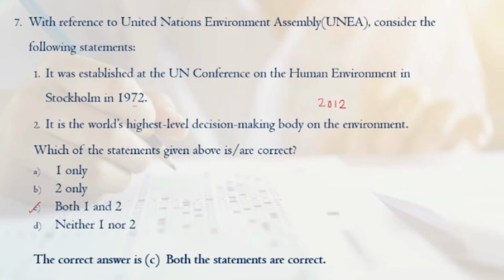It is the world's highest level decision-making body on the environment, and it addresses the critical environmental changes facing the world today. The UN Environment Assembly, with the universal membership, is now composed of 193 member states.